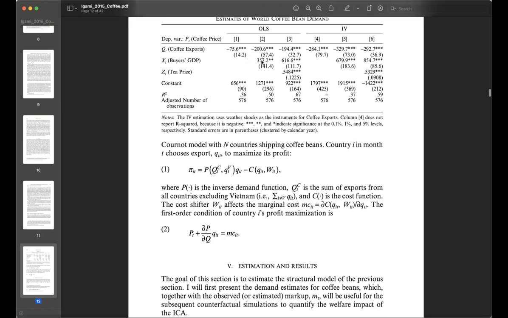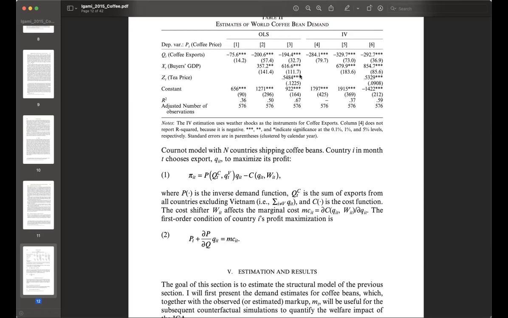And there are other things here too. Income increases your demand as well. And then these are substitutes. So if the price of tea increases, according to this, what would happen? I think Z is in US dollars per pound or something.